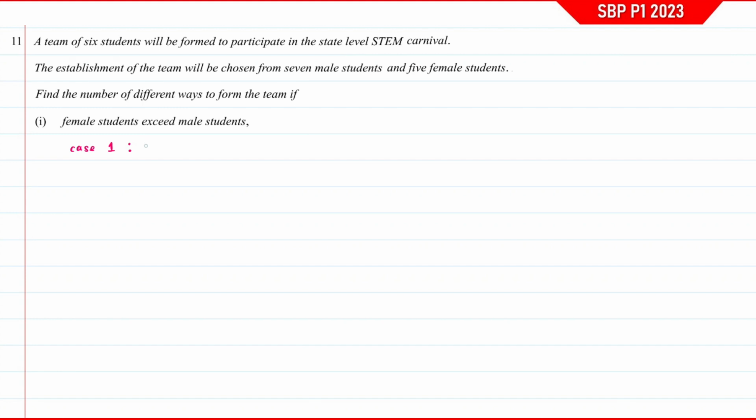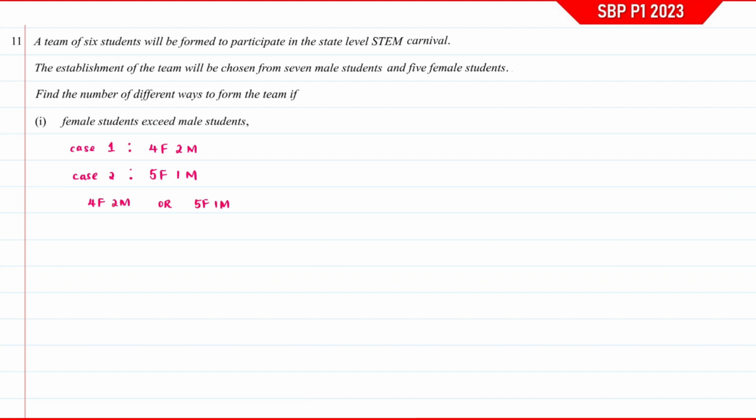So case 1, let's say we have 4 female students in the team, then we're going to have 2 male. Then case number 2, let's say we have 5 female students in the team, then it will be left with only 1 male. As we want the female students to exceed the male students, the male students cannot be 0. So we only have these 2 cases. This is about combinations.